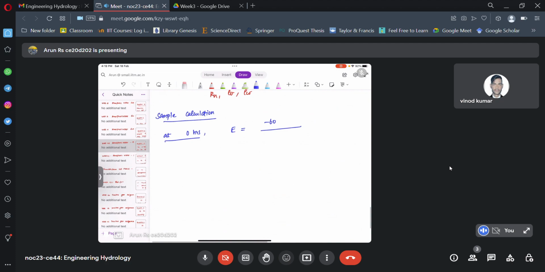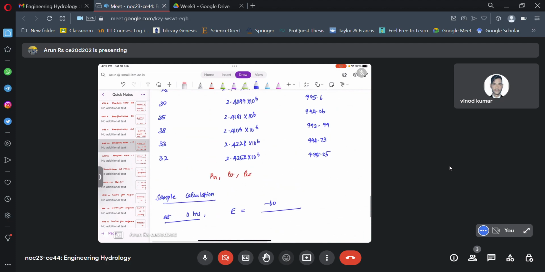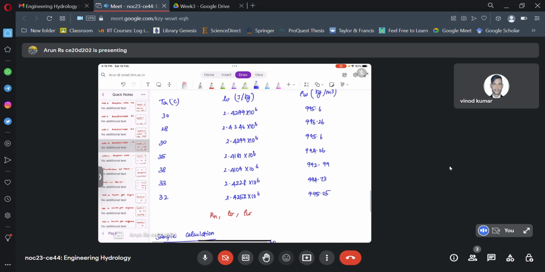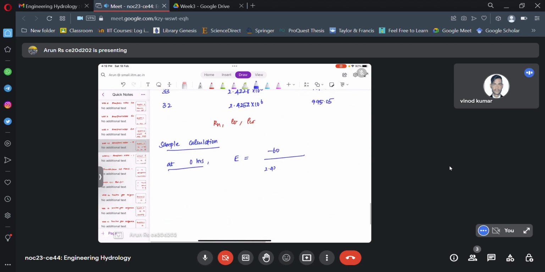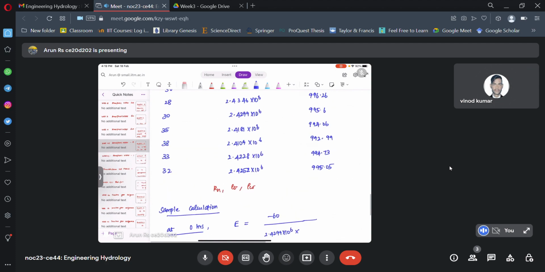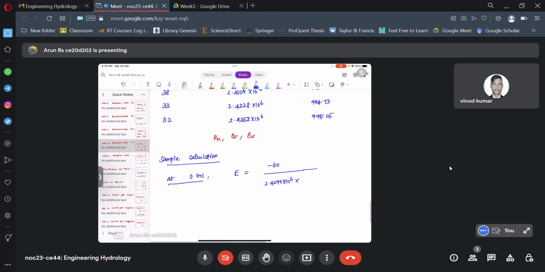Minus 60 divided by your latent heat of vaporization, 2.4299 into 10 to the power of 6, into your density, 995.6.